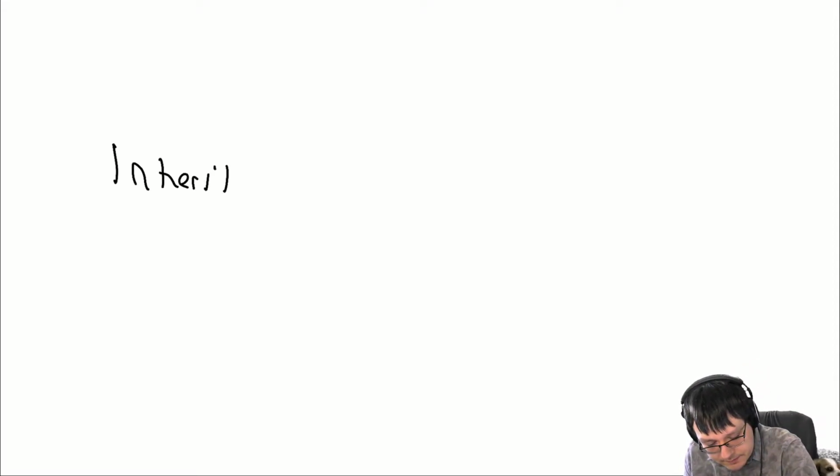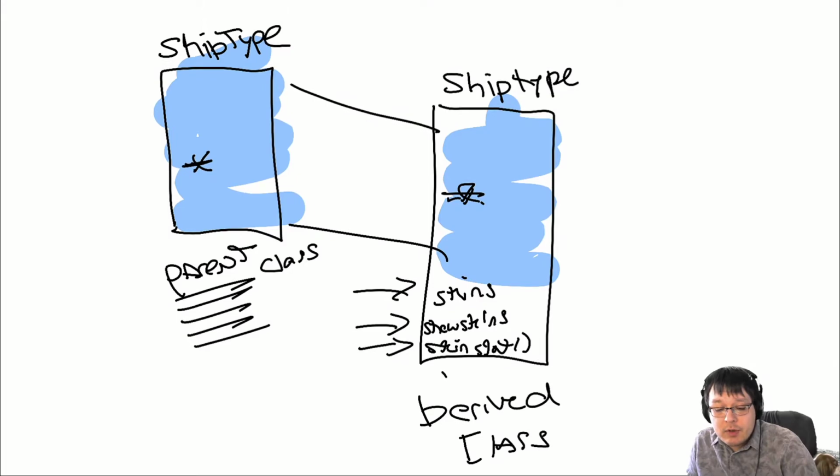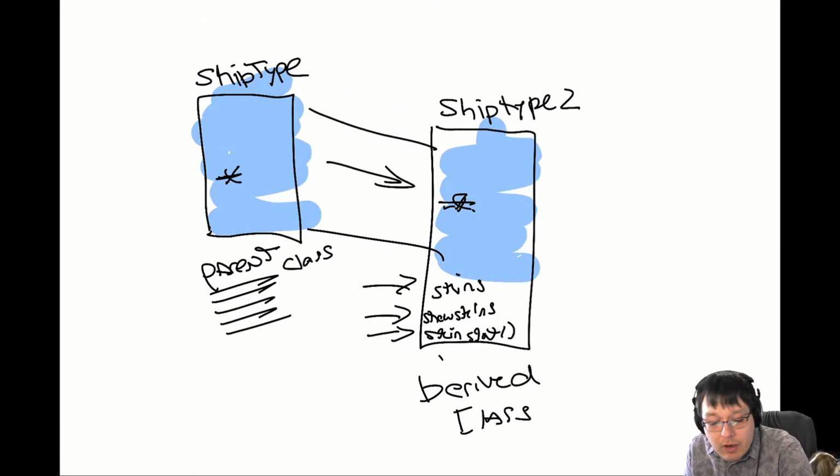When you're trying to figure out whether you should be using inheritance, there's a good short term for that. It's good to remember, because there's another thing that you can do technically. One of the things that you can do when you're making ship type 2 is use inheritance to make a reference.